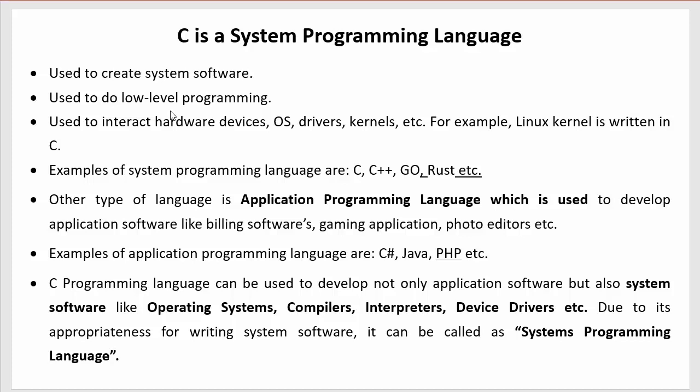For a computer to understand the C code, the high level programming needs to be converted into low level programming, and interpreters do this work. Interpreters take the high level programming written in C language and convert it into a low level programming language.